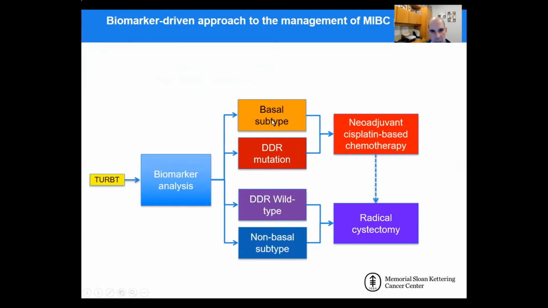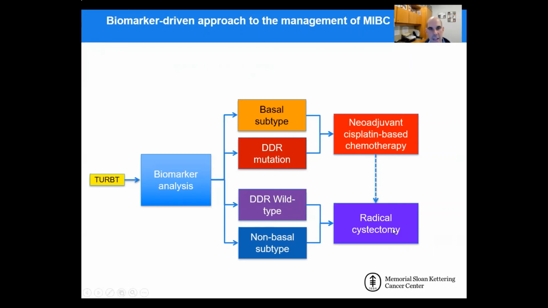Patients with basal or DNA damage mutations may proceed with neoadjuvant chemotherapy prior to radical cystectomy, whereas patients with a DNA damage repair gene wild type tumor, or a luminal subtype of tumor, who are thought to not respond well to neoadjuvant chemotherapy, would then proceed directly to radical cystectomy.